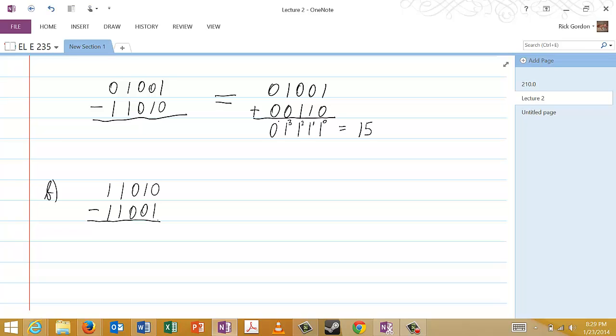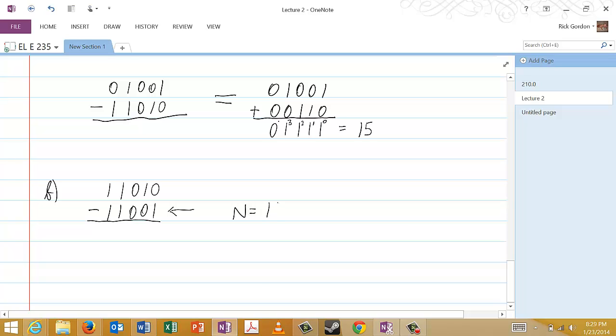As usual, remember, we're told that negative numbers are represented in 2's complement. As I said in the previous problem, this is a subtraction problem, and subtracting a number is the same thing as adding its 2's complement. Here we are subtracting a number, and we're going to call the number we're subtracting n.